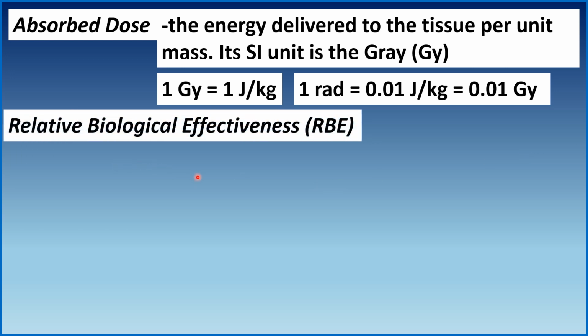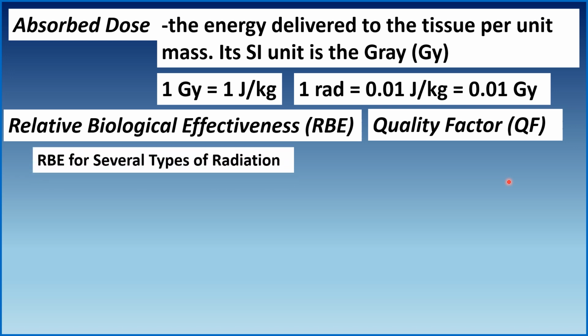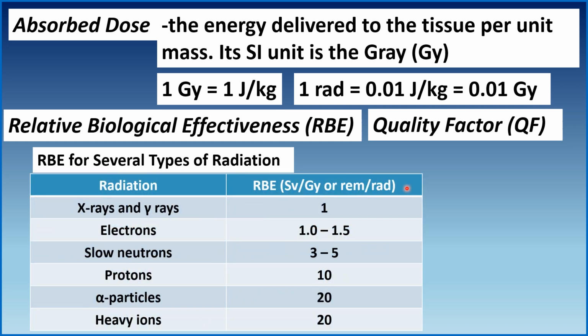Next important concept is the so-called relative biological effectiveness, abbreviated RBE, or sometimes called quality factor, QF. The RBE for several types of radiation are given here in this table. Its unit is expressed in sievert per gray or rem per rad.